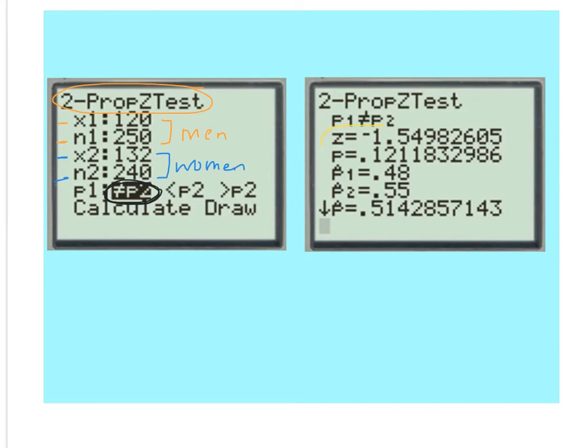My Z equals negative 1.549, or negative 1.55. You can round to 2 decimal places. The p-value is 0.121, or 12.1% chance of getting that difference.